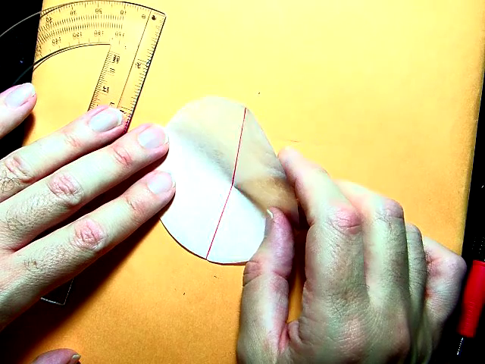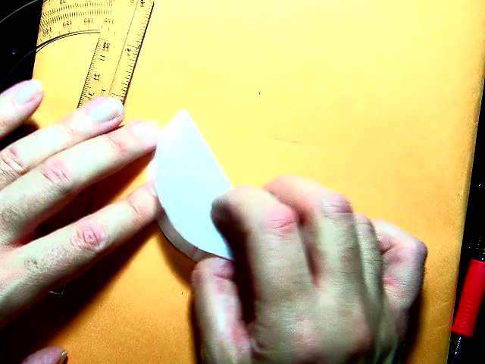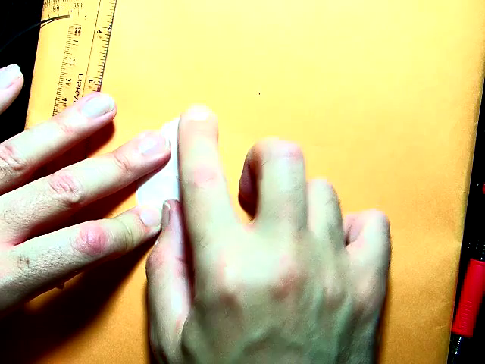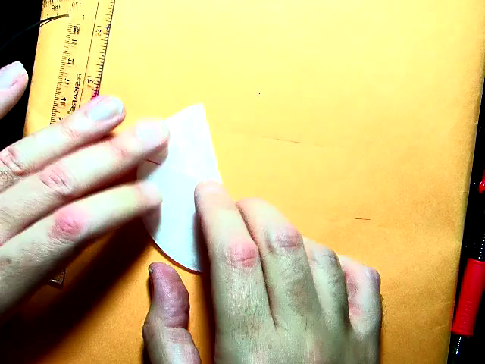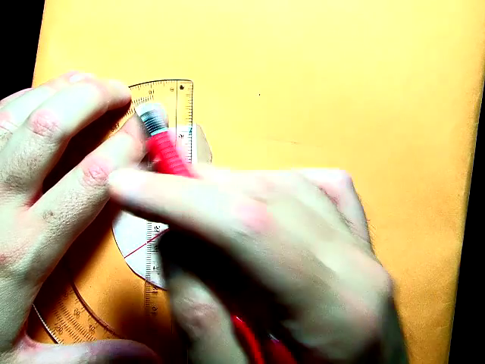Let's fold the circle over again, anywhere, anyhow we want, as long as we use a different line. Let's fold it over like this. And open it up, and we've got another line of symmetry.